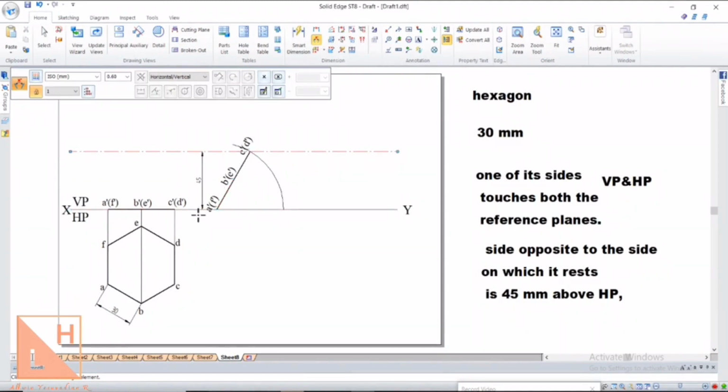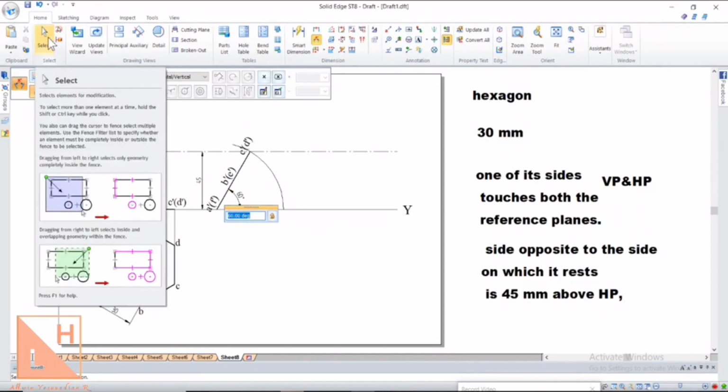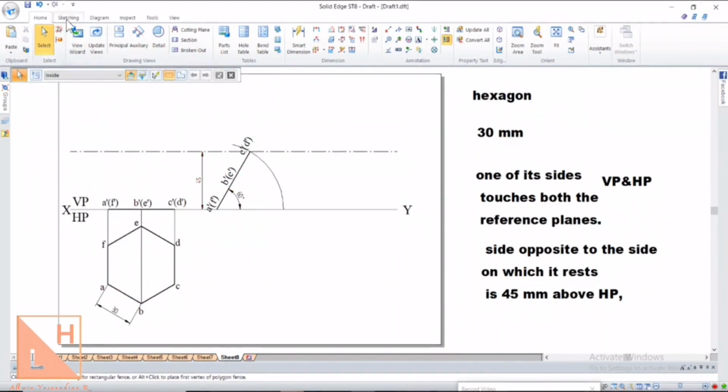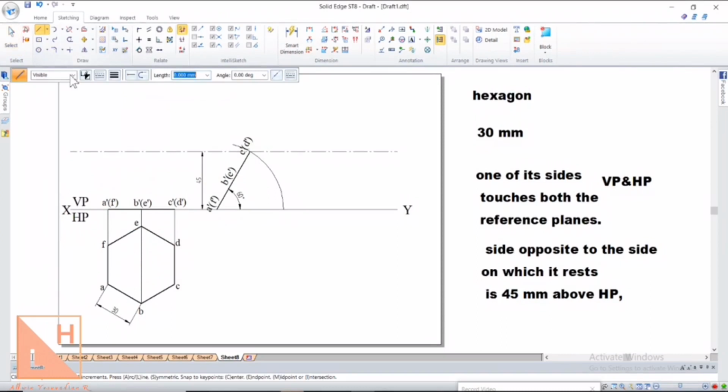So here, instead of the angle, they have given the height in the question. So we can identify the angle as 60 degrees. Nevertheless, the angle is of no importance here because they have not asked you to find it out.